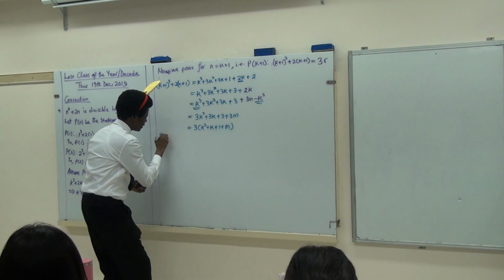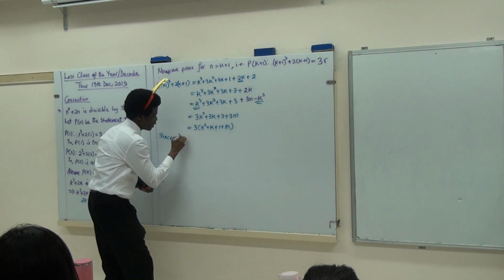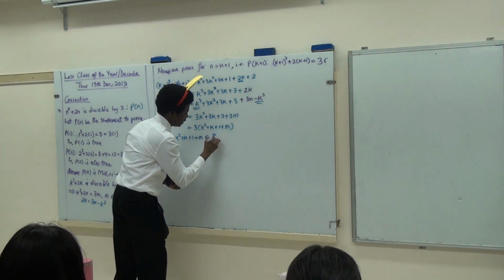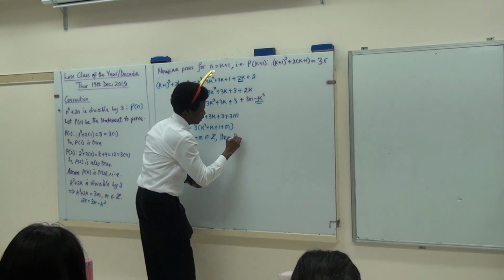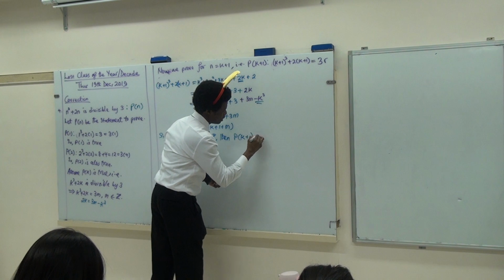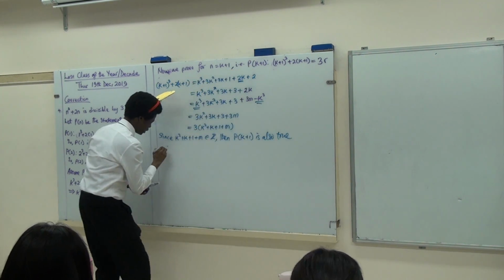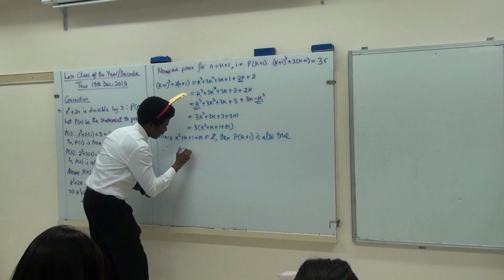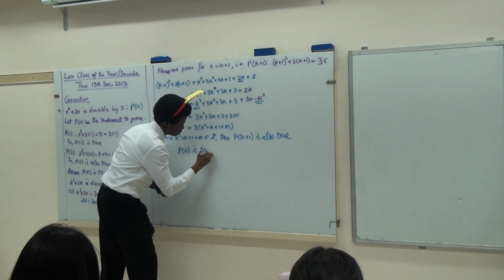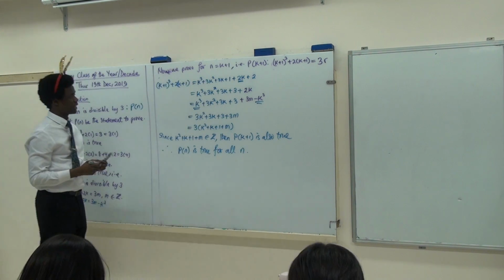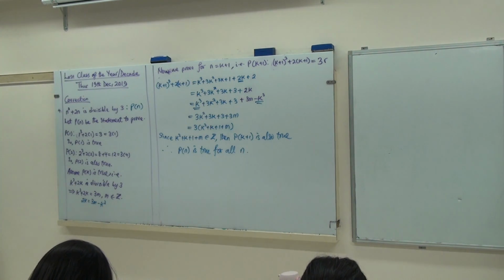So I'm just going to conclude by saying, since k squared plus k plus 1 plus m belongs to Z, then P of k plus 1 is also true. And the conclusion will be, therefore, Pn is true for all n. Instead of saying that, you could repeat the question again.